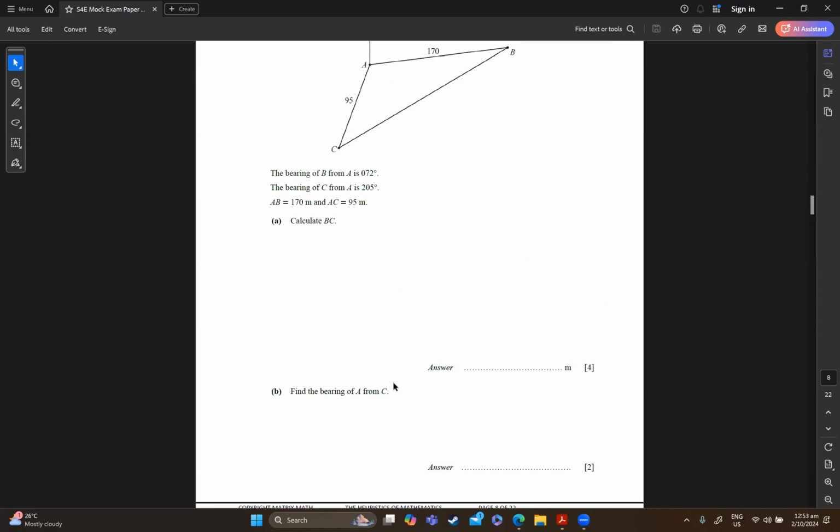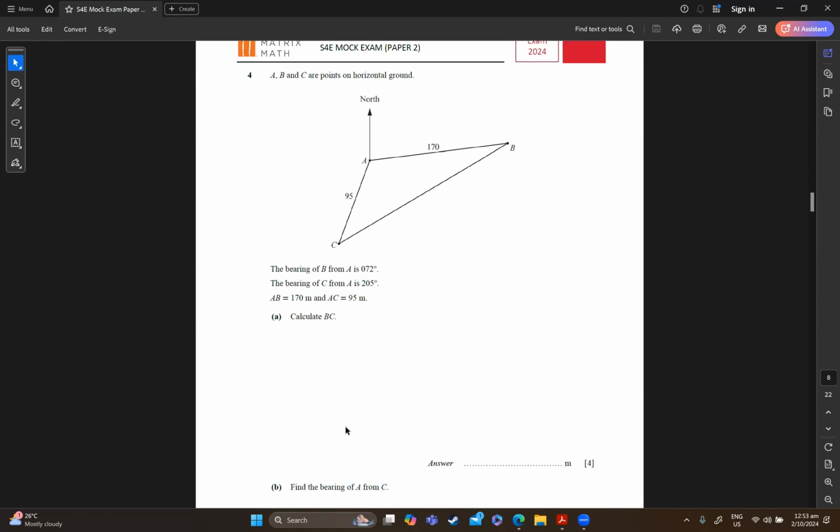Okay, find the bearing of A from C. So from C, what you want to do is draw a north. So once you draw a north, these two are now parallel. Go clockwise till you reach the direction of A. Okay, so the bearing of C from A is 205.